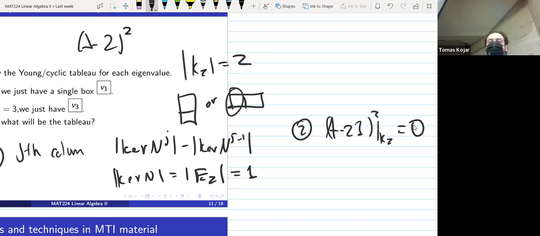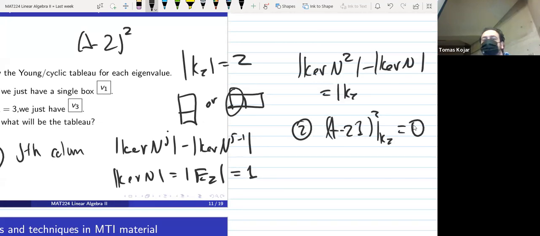We also had an element in the kernel of n squared. So we had kernel of n squared, which is K2. Yeah, so that's another way to see it. So we have K2 minus E2, and that was also 1. So you have a box over here. Okay?